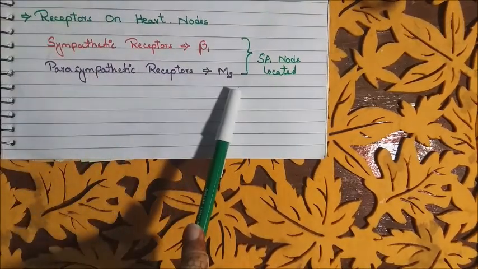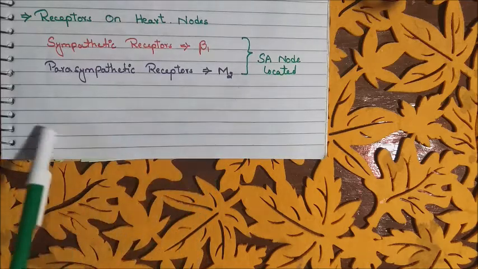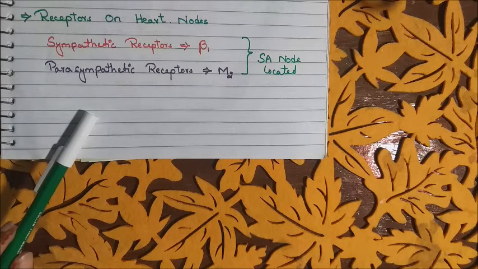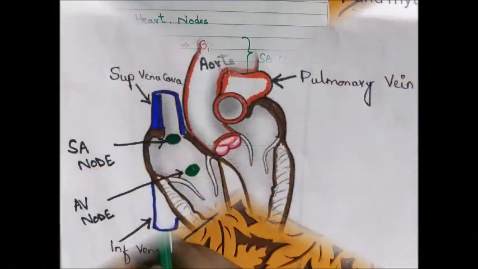So depending on the environment of the body, the impulses are generated on the SA node and the SA node works accordingly, deciding what the heart rhythm or heartbeat should be. So this is the overall picture of the nodes and receptors of the heart.